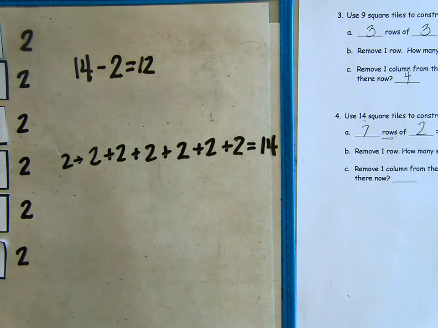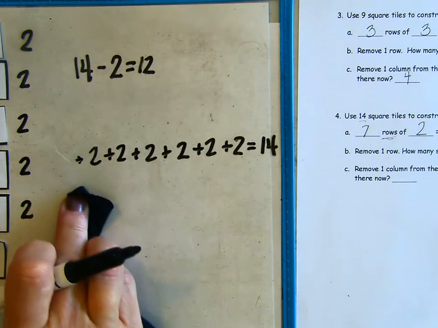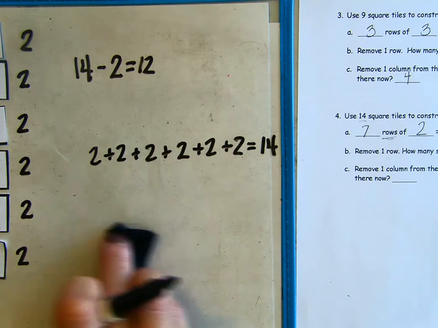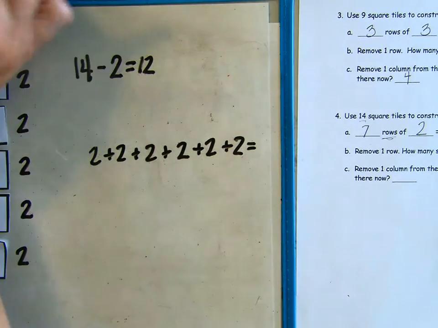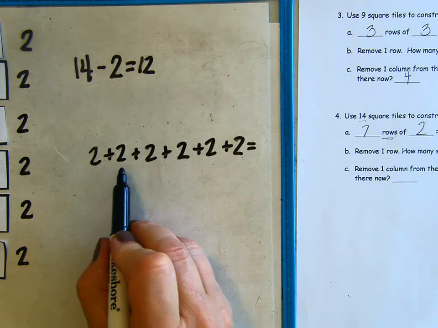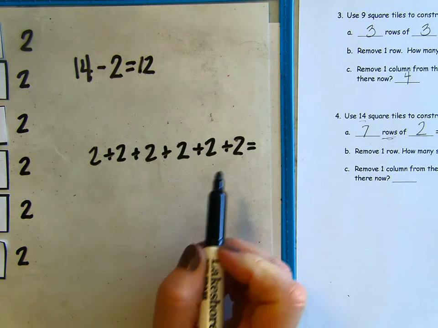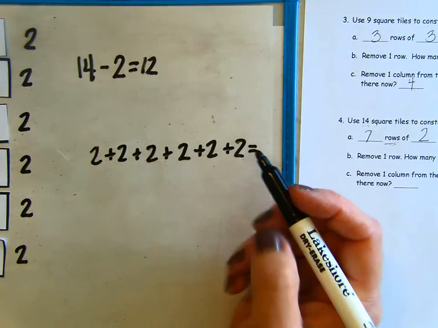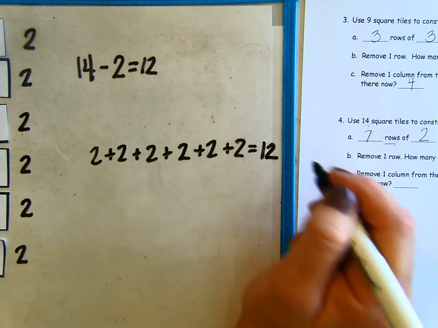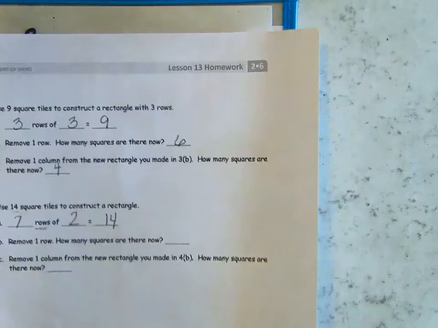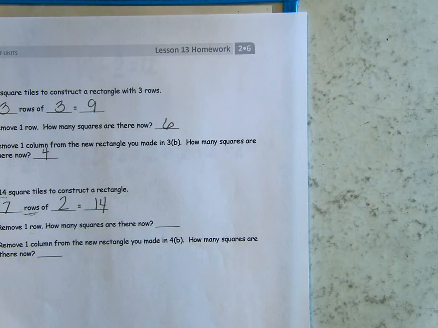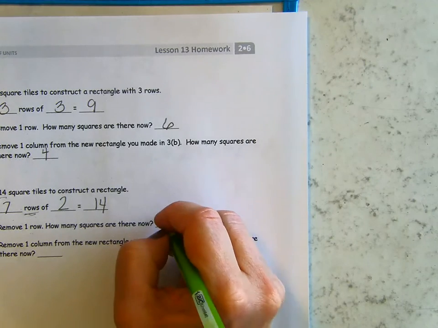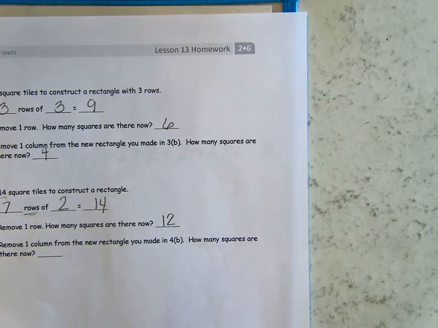And then we took away 1 of those 2s. Now we have 2 plus 2 plus 2 plus 2 plus 2 plus 2, which is 6 groups of 2. 6 groups of 2 is 12. So we took away 1 row, and now we have 12 left.